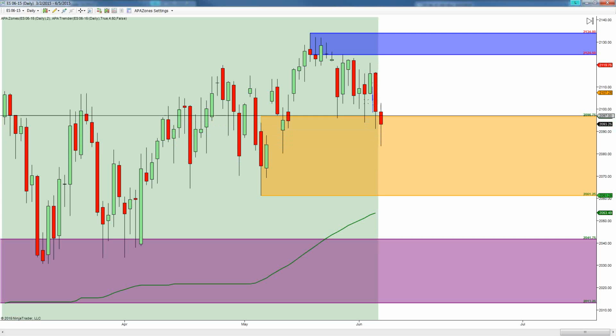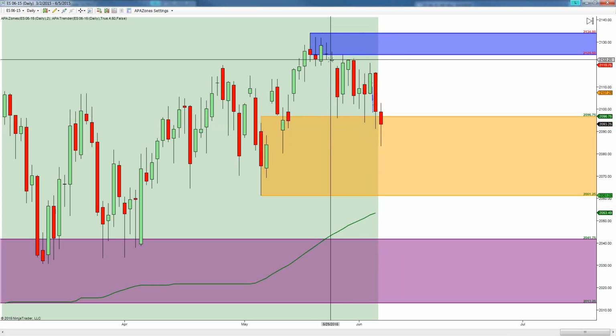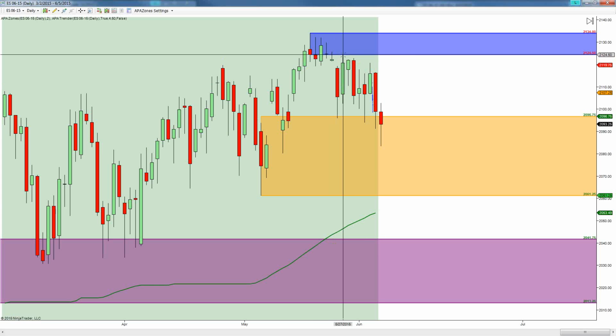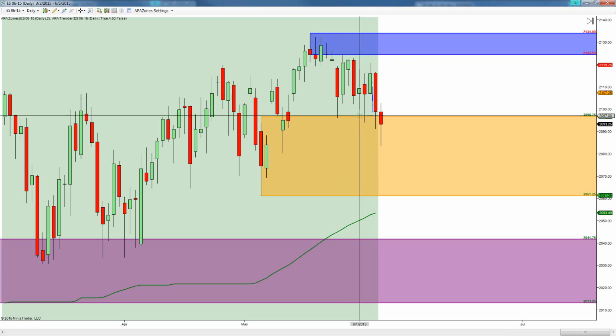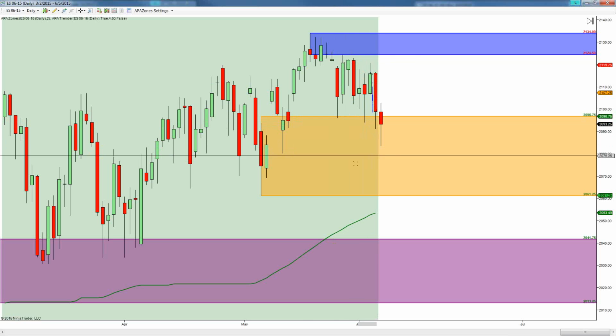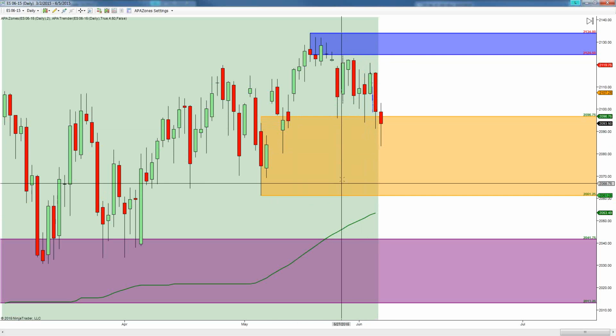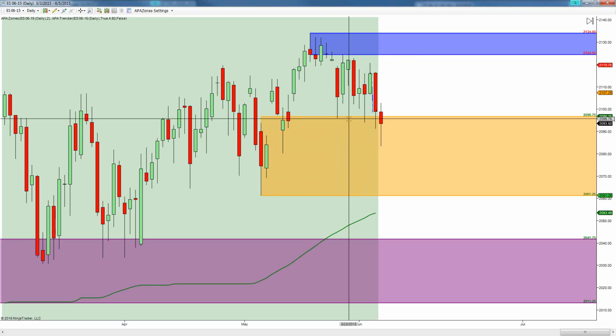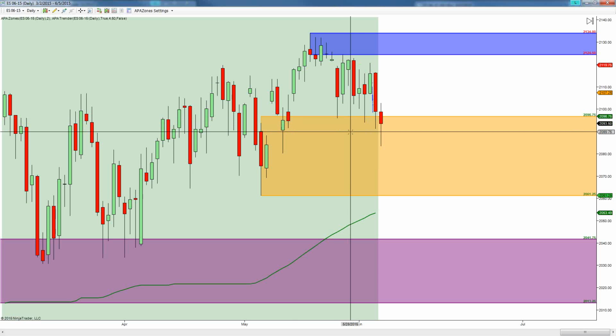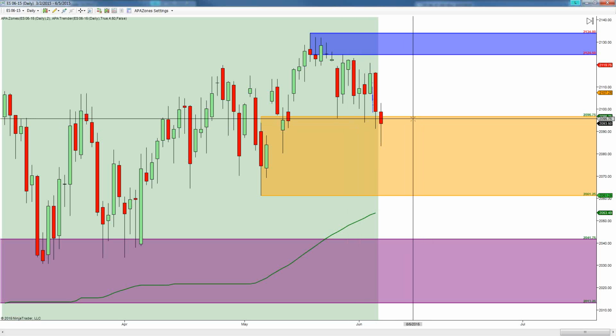All right. Does it mean that this trend is over? Absolutely not. We've really had one failure to break the high, and we've been a little bit lower, but we haven't broken anything major here lately that would make me think to the short side really hard and heavy.